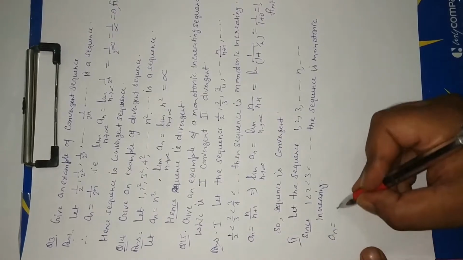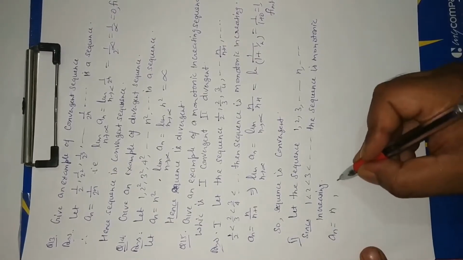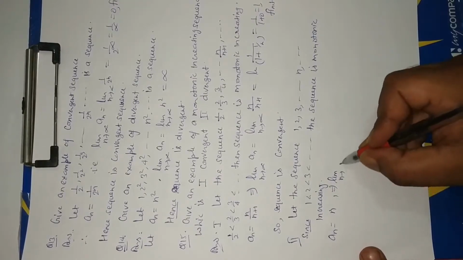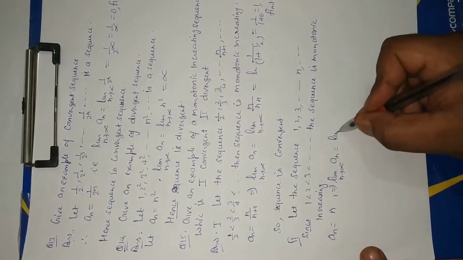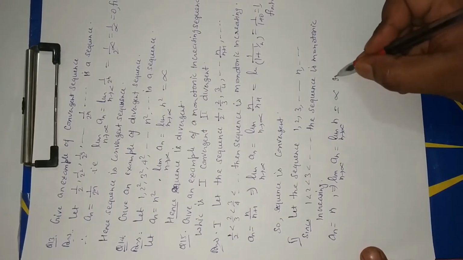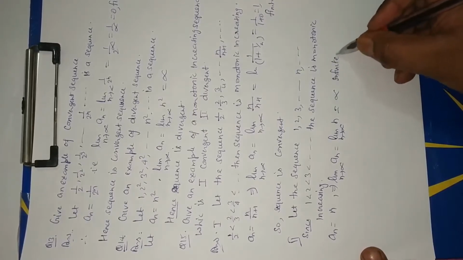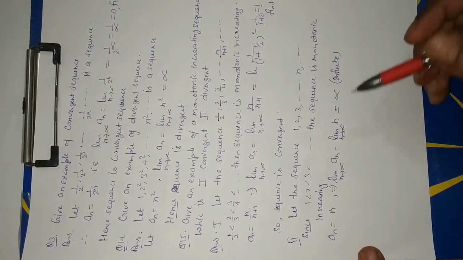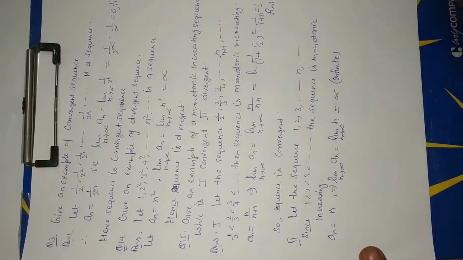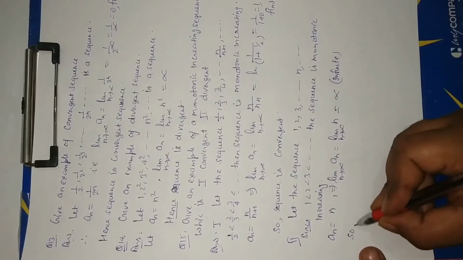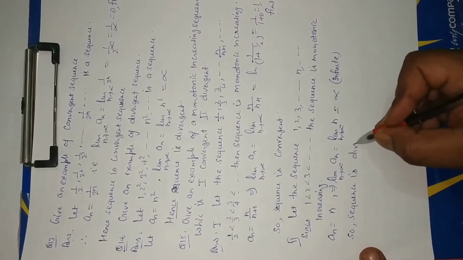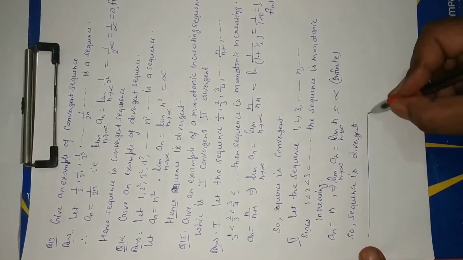Now taking nth term an is equal to n. Now taking limit n tending to infinity both sides, this is equal to infinity. It is infinite. Therefore we can say the limit of the given sequence is infinite, hence sequence is divergent. Okay, student?